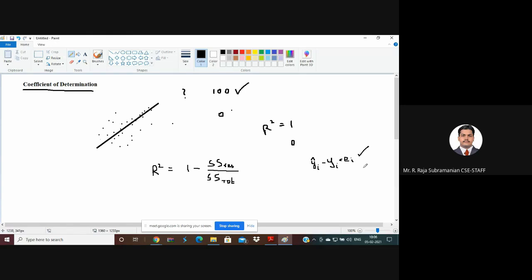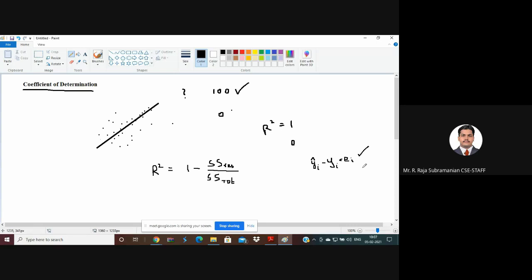The other term we have to understand is how far the algorithm actually differs from the mean, how far my data points differ from the mean data point. We say mean. Why? Because mean is the central tendency of an entire data distribution, where even though all my points are scattered, I assume that my regression line will always cross the mean point.